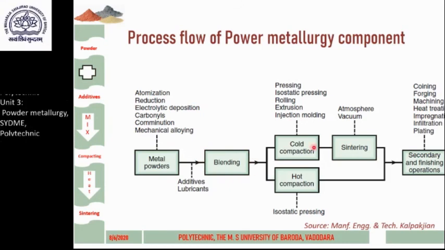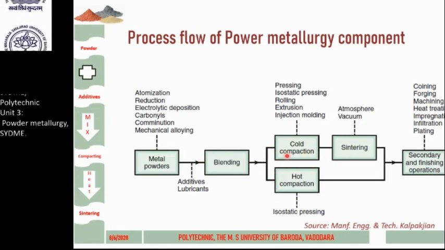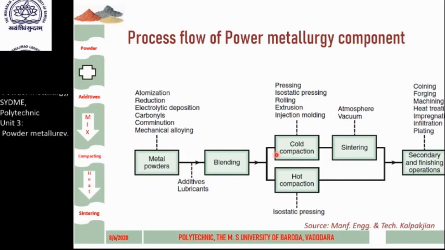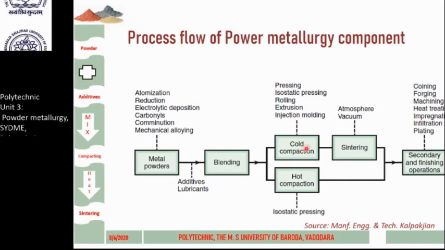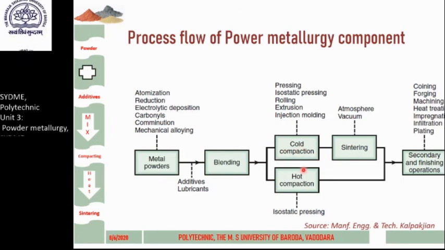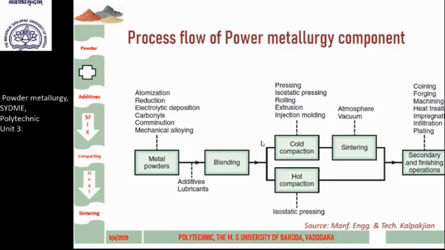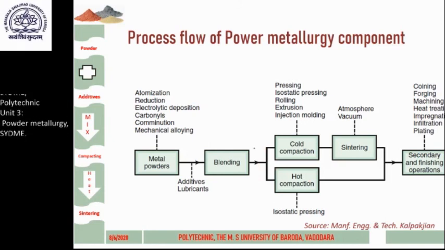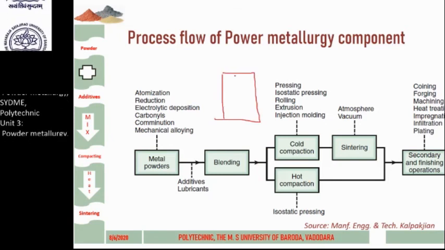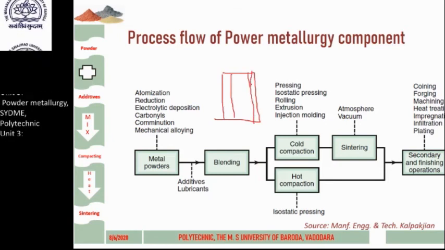is compaction. Compaction means to apply a large amount of load and press the component into the required shape of a die. This is done by filling the blended powder material in a die of the required shape. Say we call this a die.